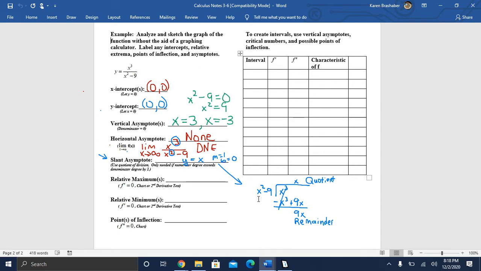All right, so those take care of all of the pre-calculus parts of this analysis. And then your last 3 are your calculus parts of the analysis. And so we'll have to find the relative maxes and mins by doing the derivative and looking for the critical numbers.